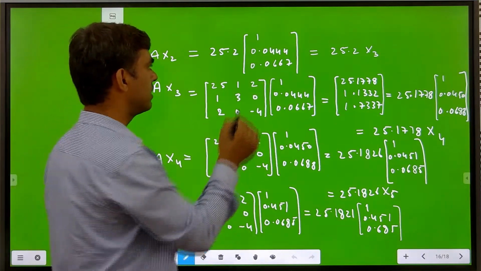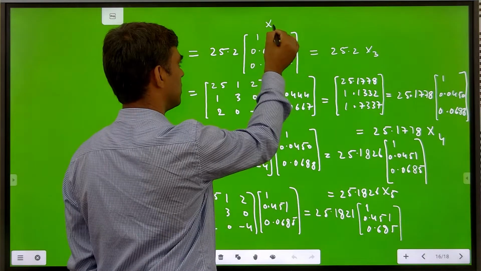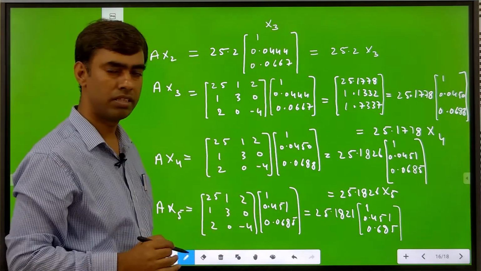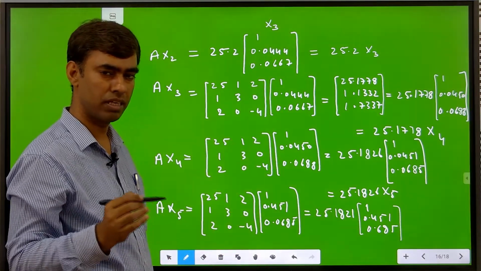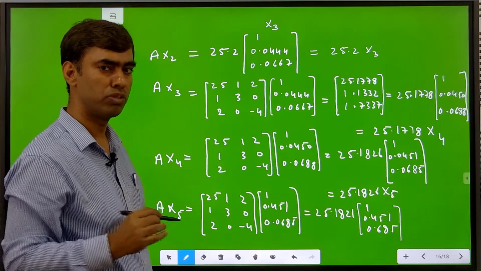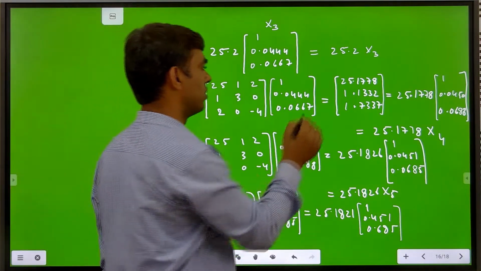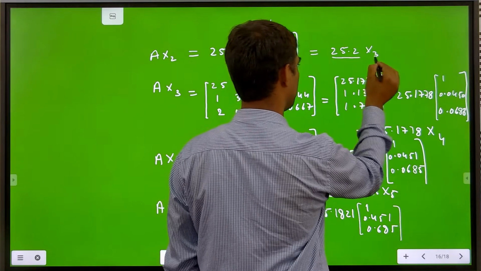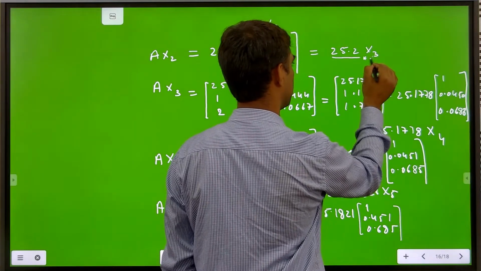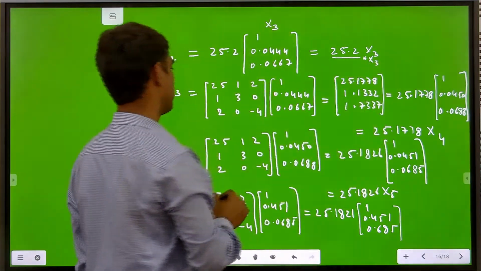So for the next iteration, this is the third approximate eigenvector corresponding to the numerically largest eigenvalue. Here we write 25.2 x3, and we repeat this process.